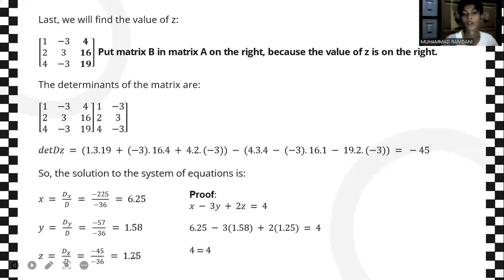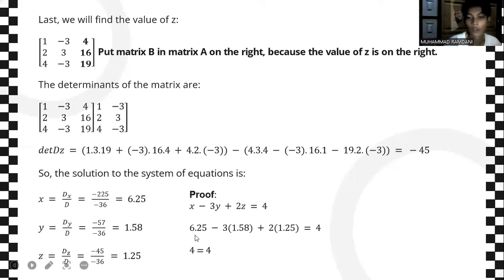But when we get this, we must prove whether it is true or not by putting all of these values into the first equation: x minus 3y plus 2z equals 4.